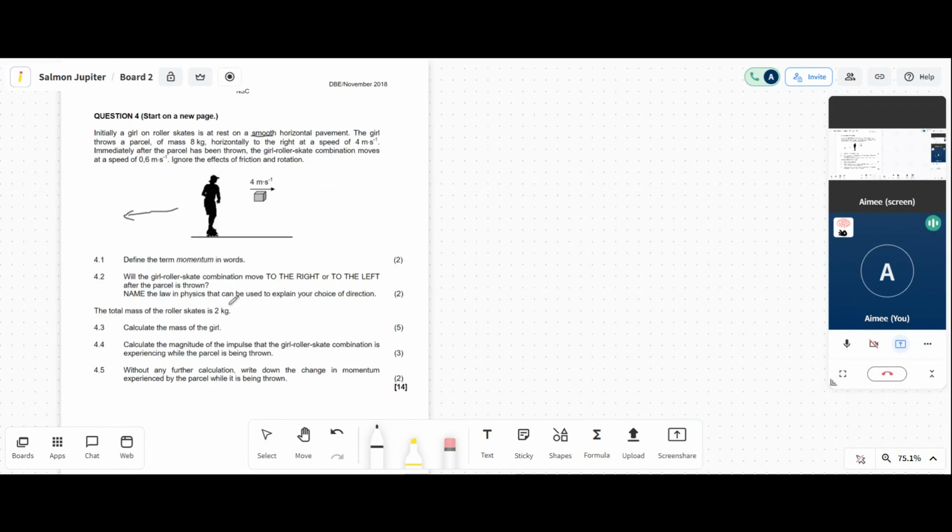The reason for this is Newton's third law. Newton's third law is an action-reaction pair law. So, for example, you've got a wall and you're standing at the wall and pushing against it.